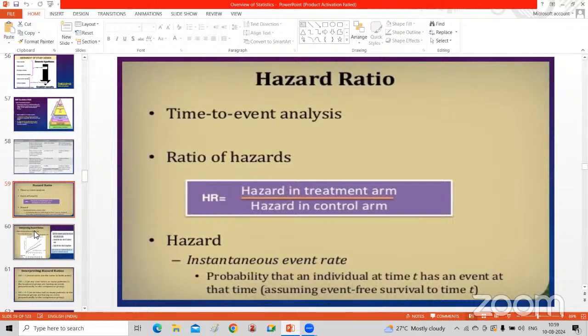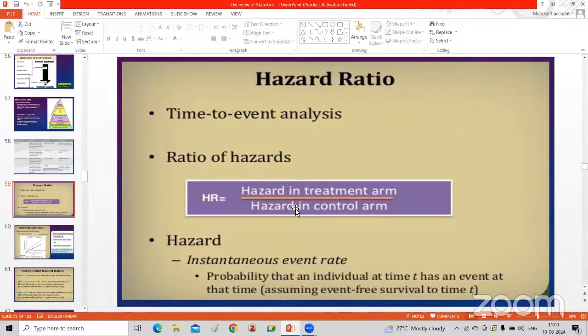So the time factor is also added in the hazard ratio, and also 2 arms will be there. You are always comparing with something else, the control arm. With a risk ratio, it is just 2 points that are getting compared, but in a time-bound fashion. Understood.